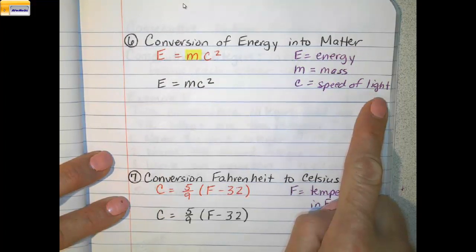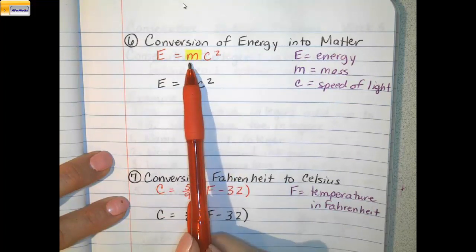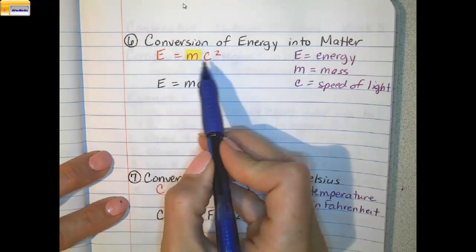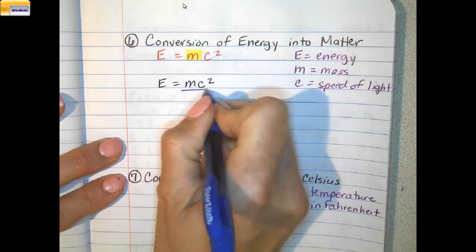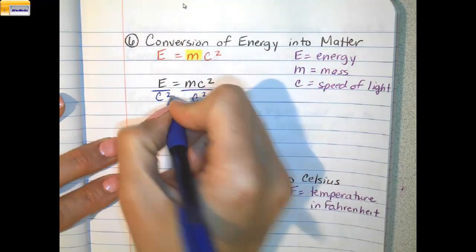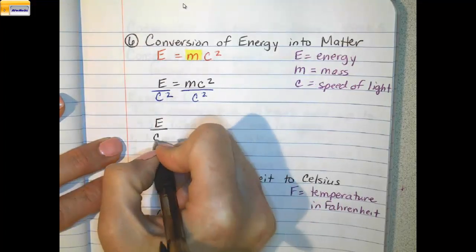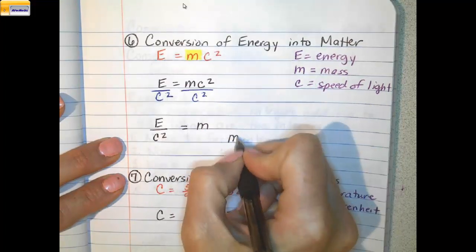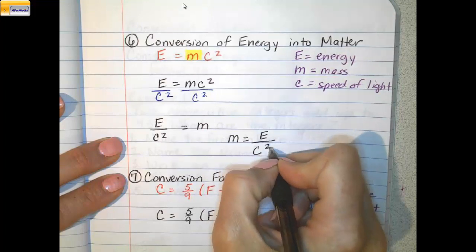So if I have E equals mc squared and I wanted to solve for M, the mass, I need to undo mass times the speed of light squared. To undo times, I'm simply going to divide by c squared, and I can rewrite this as E divided by c squared equals mass, or we could say mass equals the energy divided by the speed of light squared.